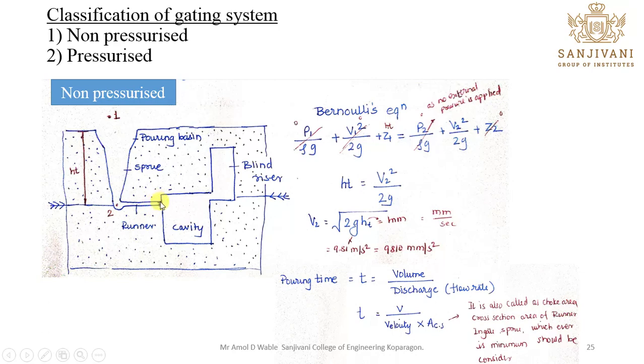So which cross sectional area do you take? You have a cross sectional area of the sprue, of the runner, and of the gate. From these three, whichever area is least, you have to take as the cross sectional area, and that area is called the choke area. So your pouring time formula becomes volume divided by velocity into cross sectional area. This is the pouring time.